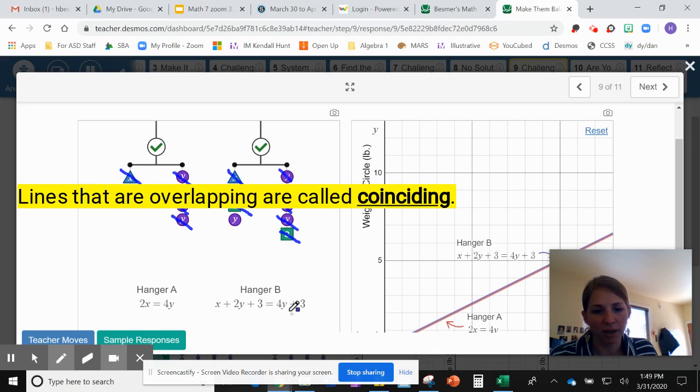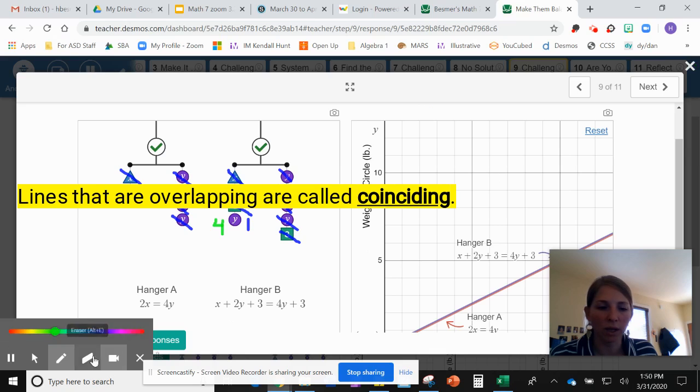And that means that there's infinite solutions that would meet that, right? So if y was 1 and x was 2, boom, that works. If I switch colors here, if y was 4 and x was 8, another solution to my system. So no matter what, it's going to balance out, which is awesome.